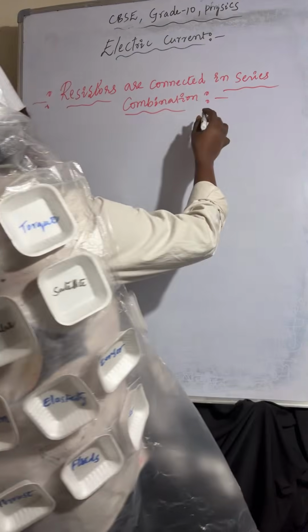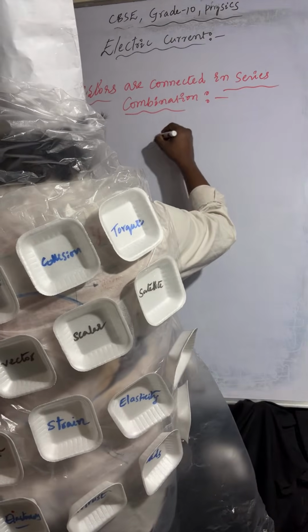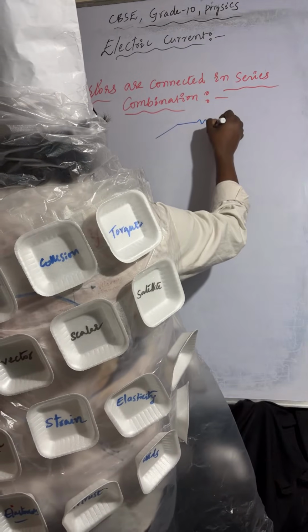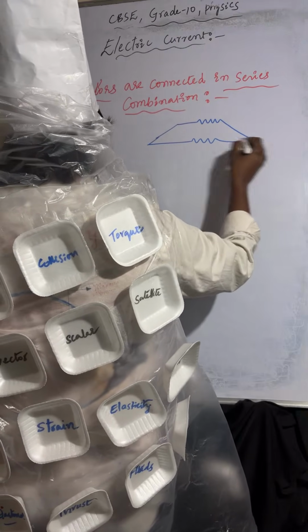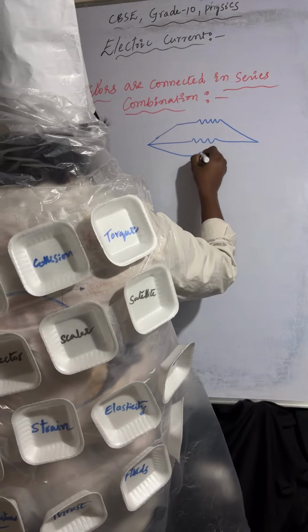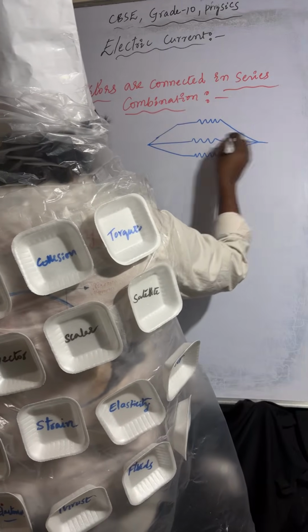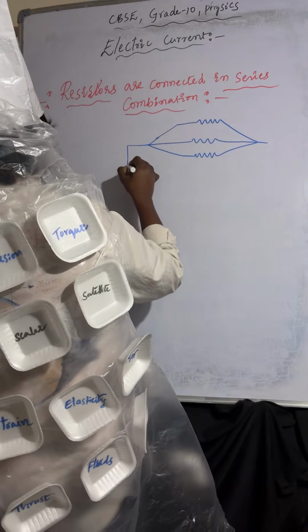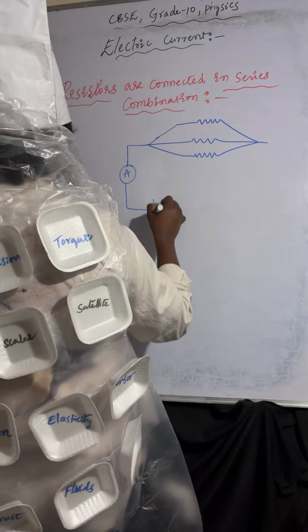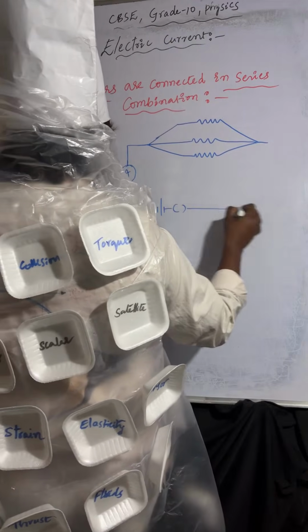So parallel combination: 1, next one 2, next one 3. I'm connecting the ammeter here, so that I'm reaching the circuit.